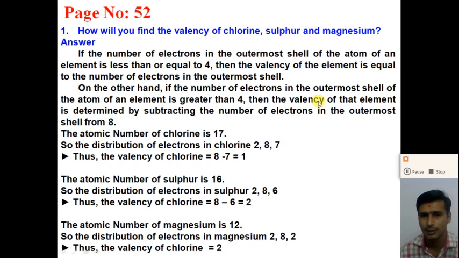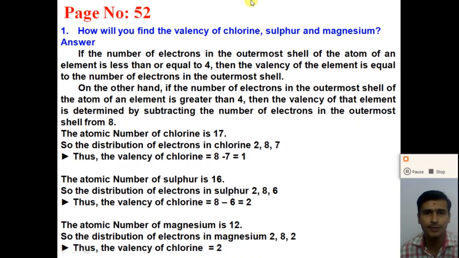So if the number of electrons in the outermost cell is greater than 4, how can we find the valency? The valency we can find by subtracting the electrons in the outermost orbit from 8, right?